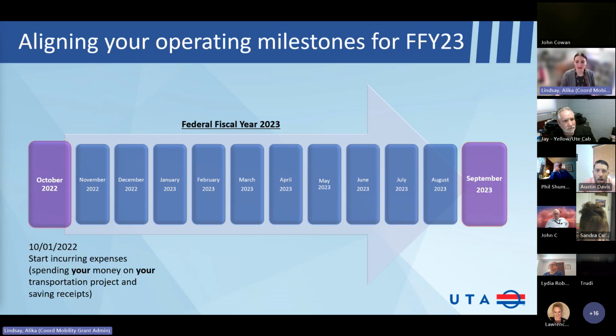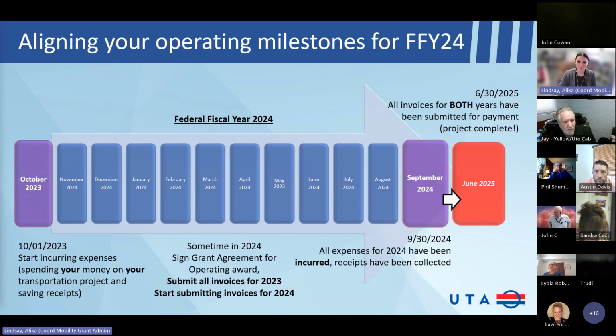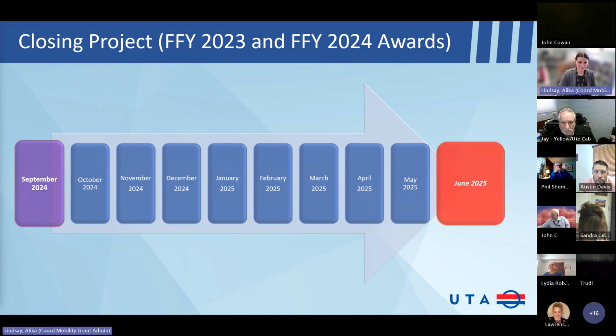If you're leaking over and you haven't spent your funds, that's kind of why I work a buffer period in, just in case. So if you come to September 2024 and you're like, oh no, I still have like $2,000 left, you can go ahead and finish spending or finish incurring those costs. But I want you to shoot for September 2024, to keep it in a year.